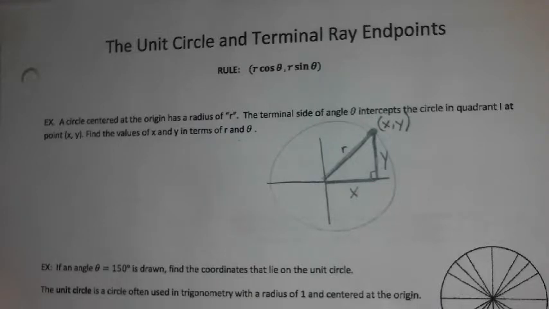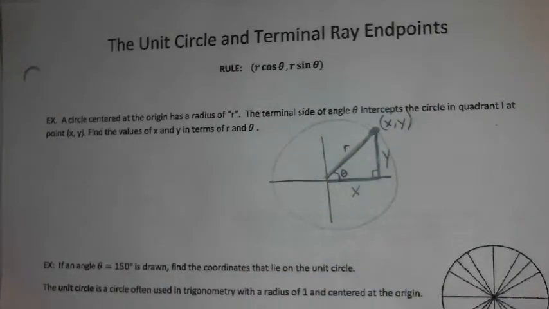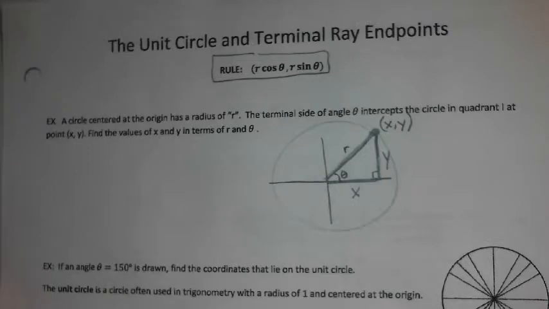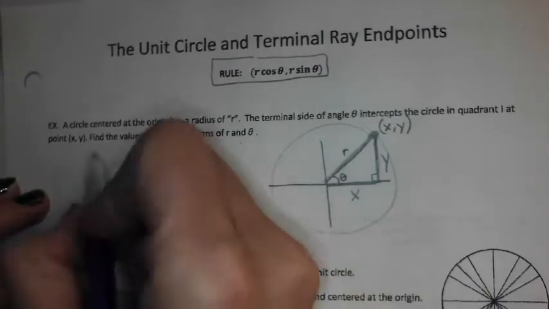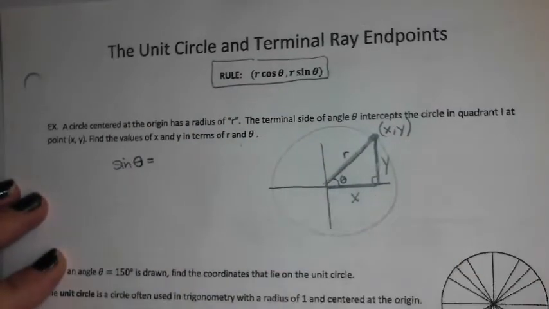So it wants us to find the value of x and y in terms of r and theta. So this is our theta. So we're essentially going to just prove to you why this is what it is. Okay? And it's going to be, again, back to SOHCAHTOA. So the sine of theta, according to our picture, is what over what?